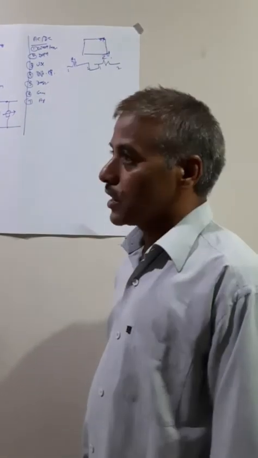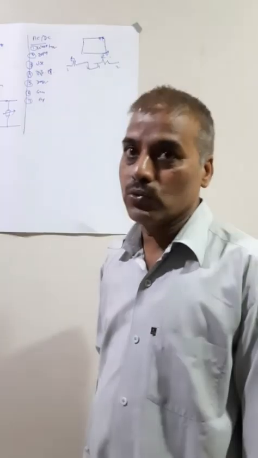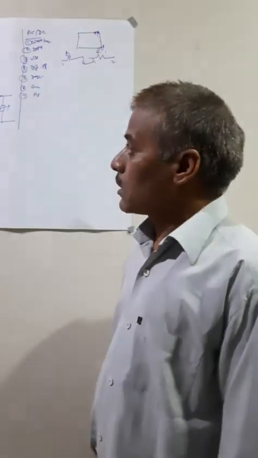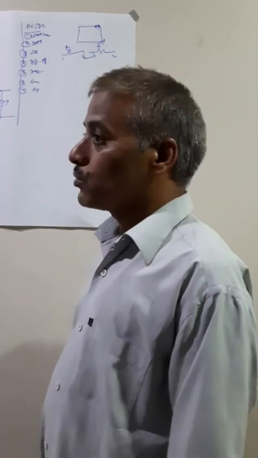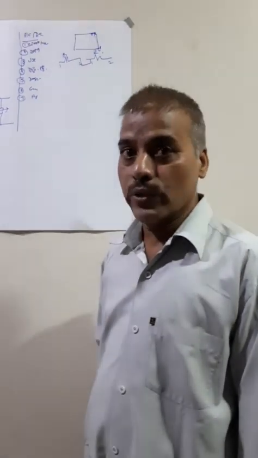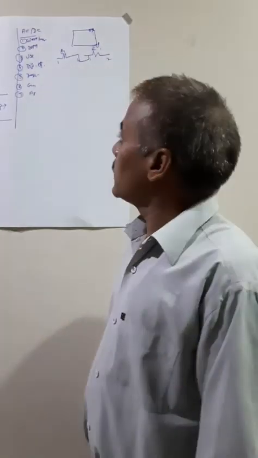In series, the equivalent resistance is RS equal to R1 plus R2. The current flowing through the two units R1 and R2 is the same, and there is a division of voltage.